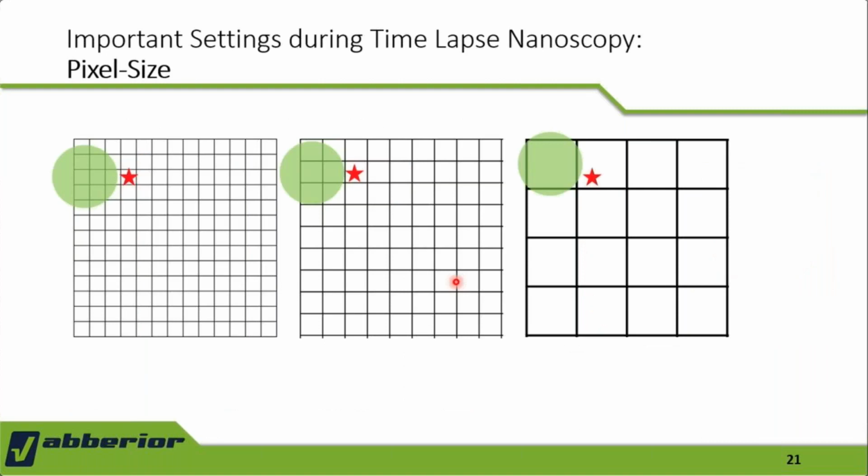Another example of important settings is the pixel size. Of course, you can decrease the pixel size to 20, 50 nanometers to really achieve a good quality of your image. It's the same as with a camera. If you have a 3 megapixel camera, then the quality is quite good. If you have a 10 megapixel camera, then the quality is even better.